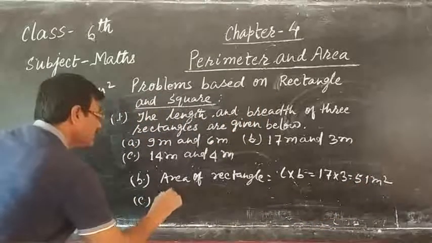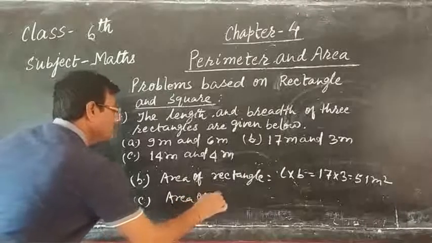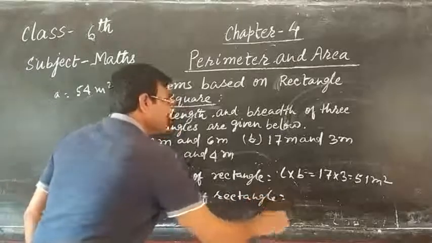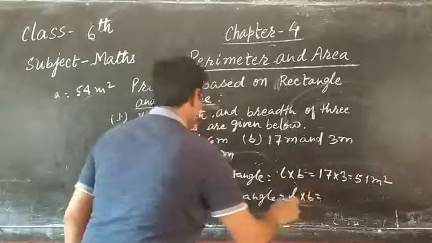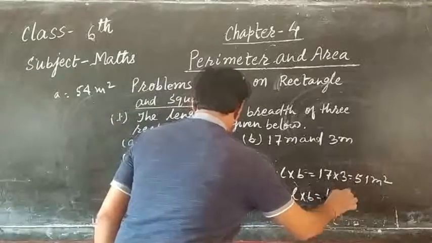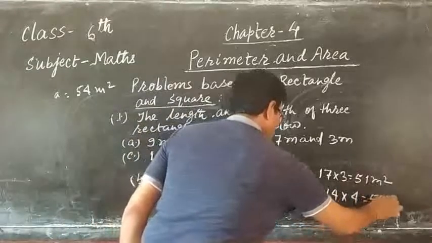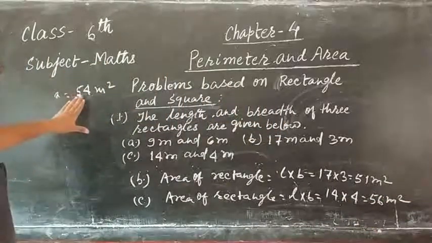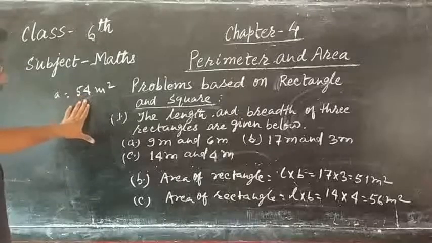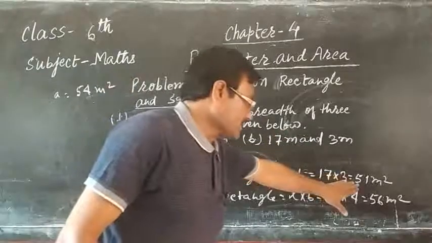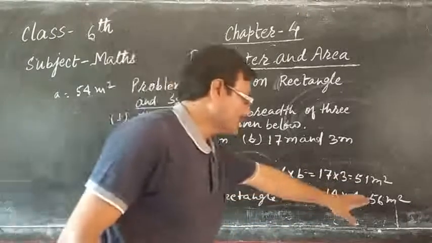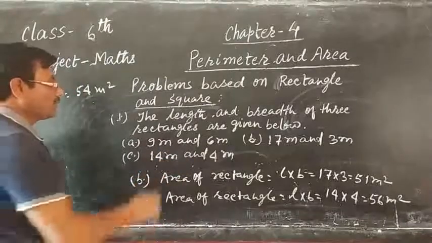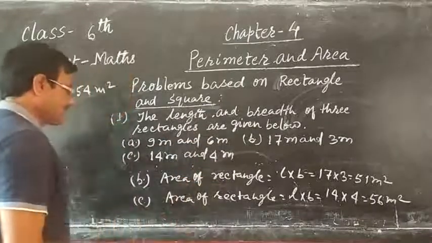And in C, area of rectangle is equal to, again we write L into B, 14 into 4 equal to 56 meter square. Now children, you find the area of first rectangle is 54 meter square, second 51 meter square, and third 56 meter square. Therefore, the biggest area is of third rectangle.